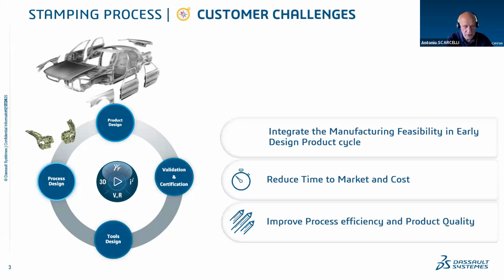They want, of course, as we have explained previously, from design to manufacturing, to be able to manage all their data. They want, of course, to reduce the time to market and the cost. This is the main topic that came up every time. And they want to improve the current process that they have today.